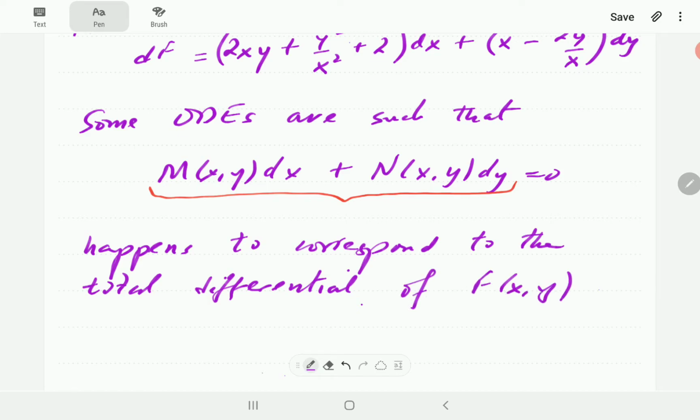And so if we can find this function, then we have solved this differential equation.